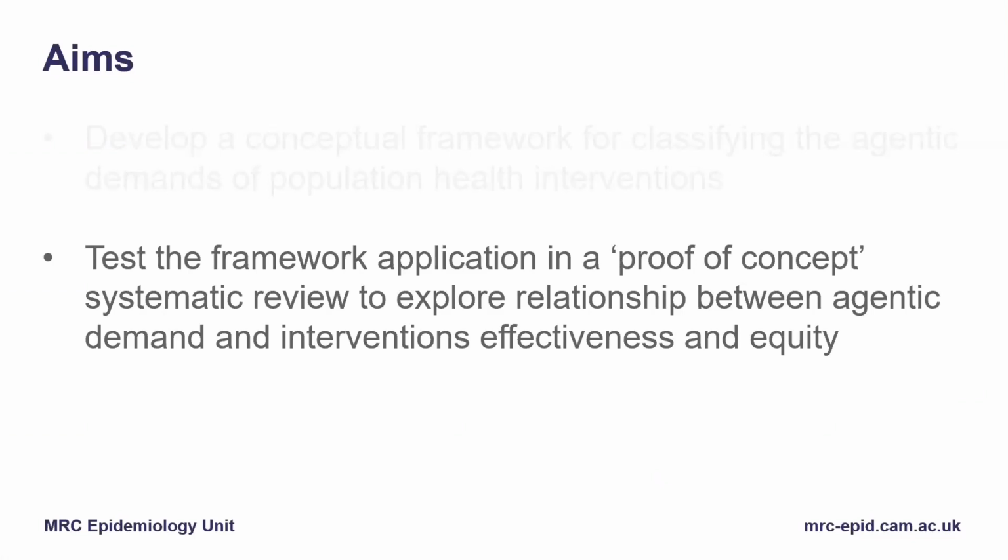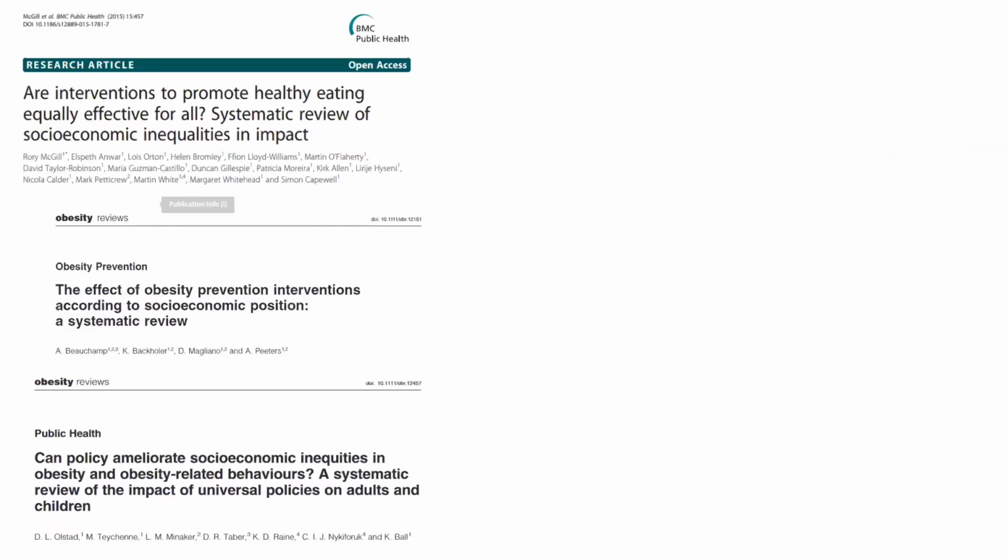So we adopted a proof of concept systematic review to explore, firstly, I guess, whether it was possible for us to implement this framework in a systematic review. So we took 3 existing systematic reviews exploring the equity effects of dietary and physical activity interventions. And from these, we extracted 31 studies to be included in this review.